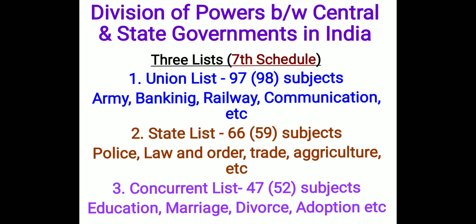And the third list, that is concurrent list, gives opportunity to both center and the state to form laws on the matters which are given in the concurrent list. But if there is any variation or any dispute regarding the concurrent list matter, then the law made by the parliament will prevail.